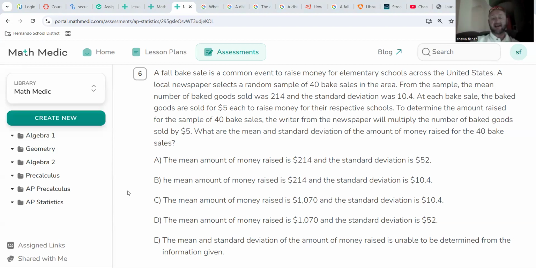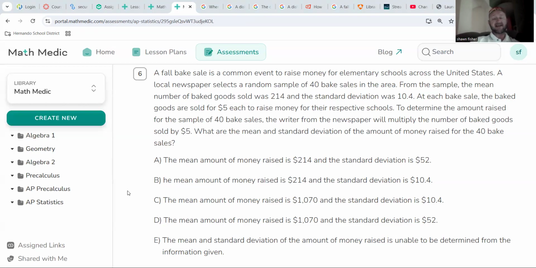Already I can eliminate A and B because the mean and the amount profited, or sold, whatever, is not the same thing. One's talking about how much was sold. The other was talking about the profit that we got from it. $1,070 was our profit, basically. What about the new standard deviation? Well, that can still be multiplied as well. 10.4 times 5.